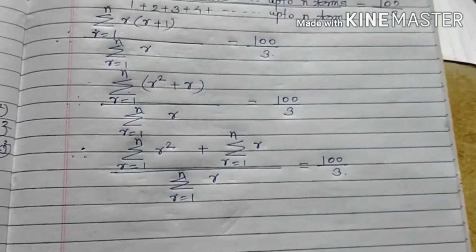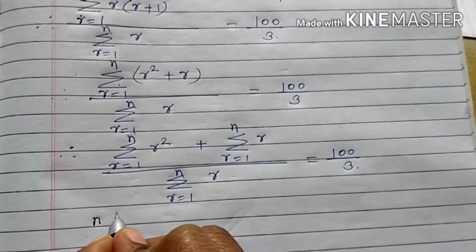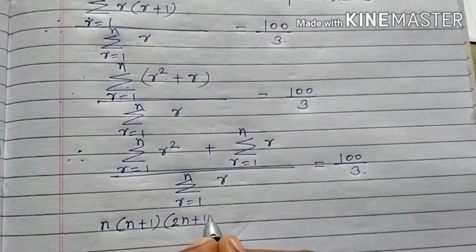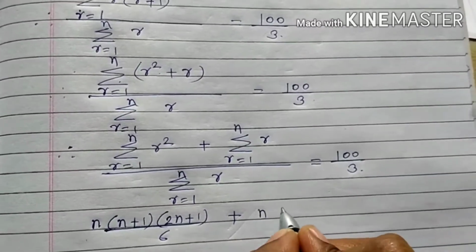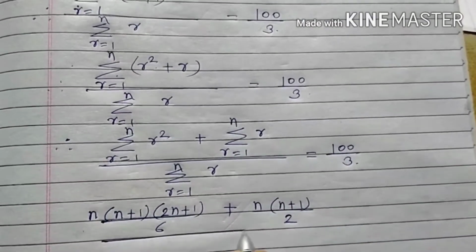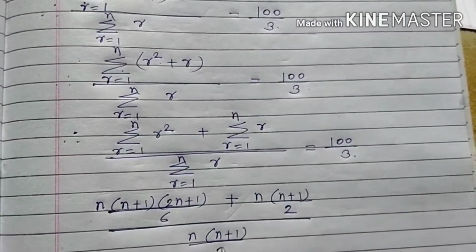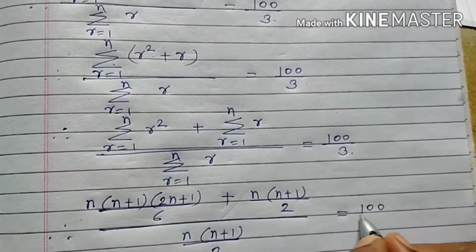Now we know all the formulas. So using those formulas, n(n+1)(2n+1)/6 plus n(n+1)/2, and here also n(n+1)/2, so therefore it is equal to 100/3.